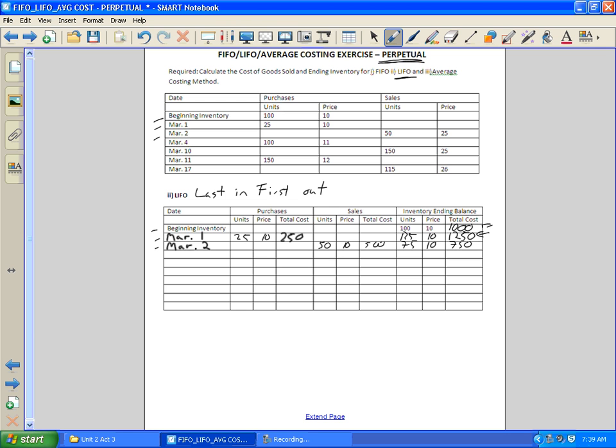And we had a sale of 50 units at $10 each, which gives us a total cost of 500. Again, remember, this isn't the price we're dealing with. This is actually the cost of the units to purchase for inventory. That's the number that I place here. So 50 times 10 gives us 500. That leaves 75 units times $10. That's $750 in total sitting in our ending inventory.